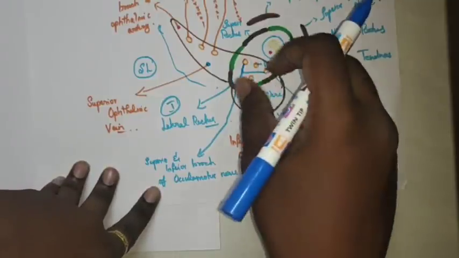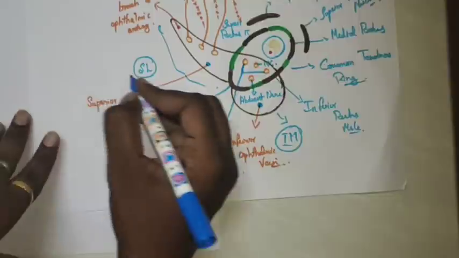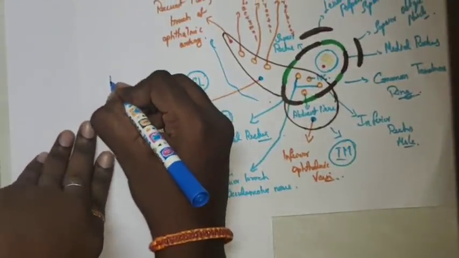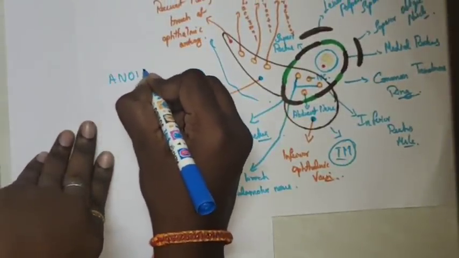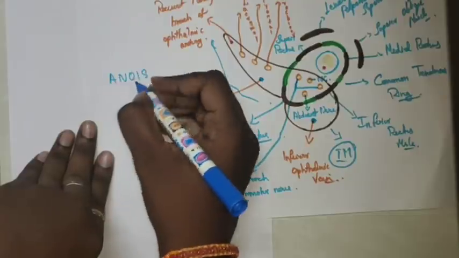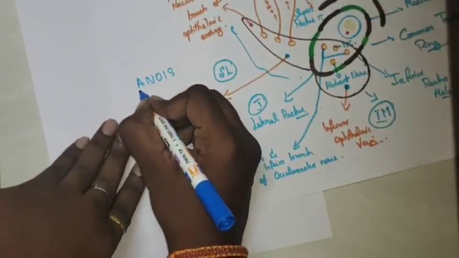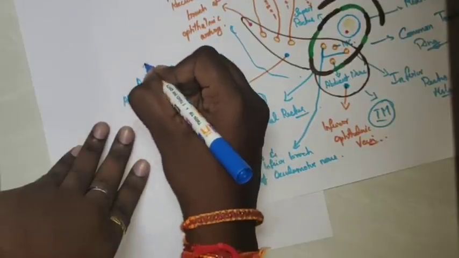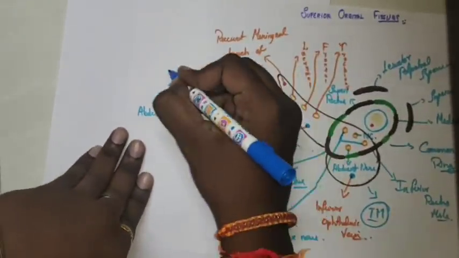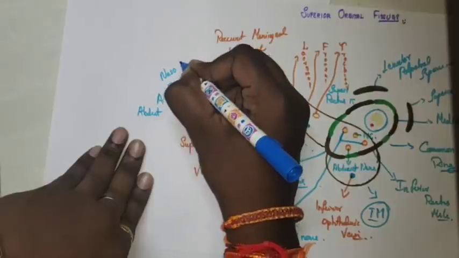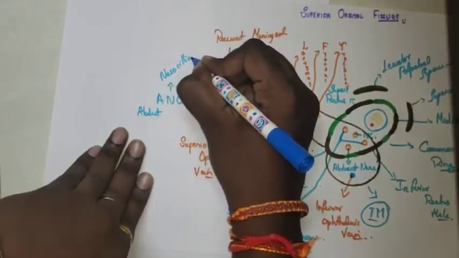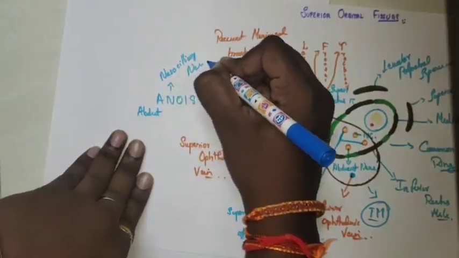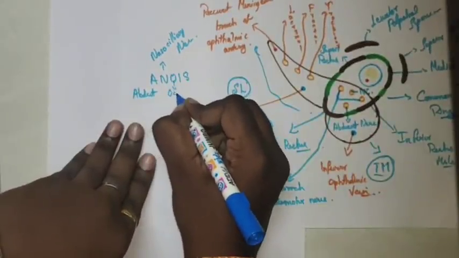So how to remember these nerves? You can keep a mnemonic as a noise. So A depicts abducent nerve, N depicts nasociliary nerve, and O depicts oculomotor nerve.